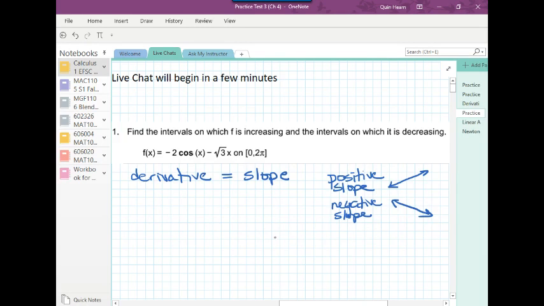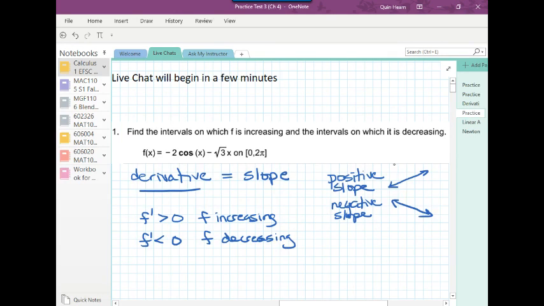So from that concept and from the fact that derivatives are really just a formula for slope, we know that if the derivative of a function, f prime, is positive, greater than 0, then that means that f is increasing. And if f prime is less than 0, that means that f is decreasing.